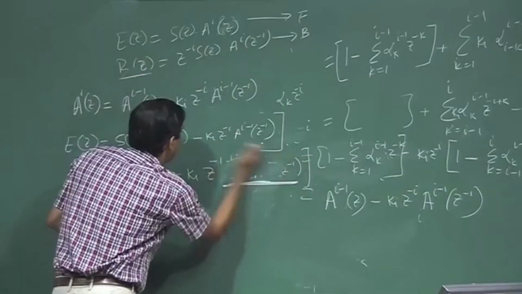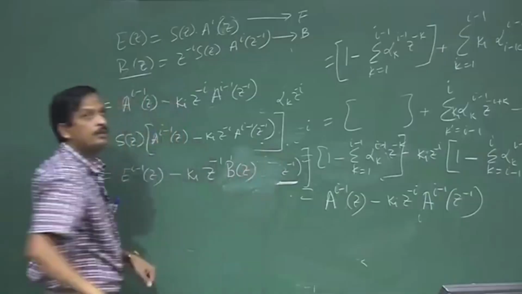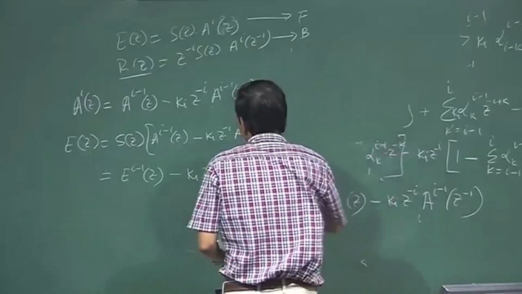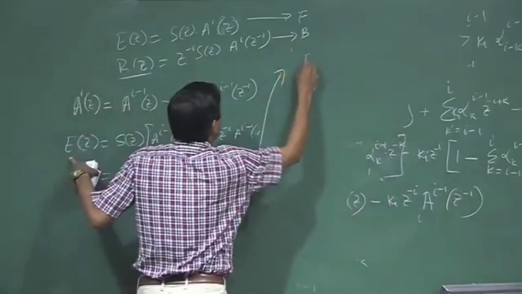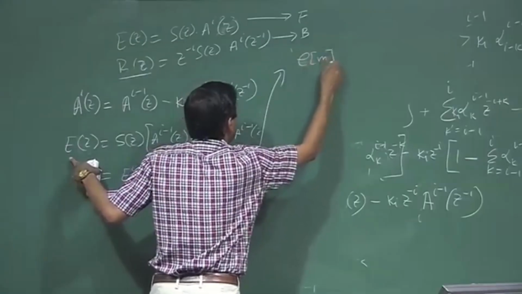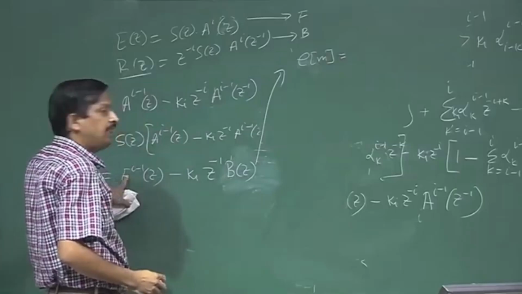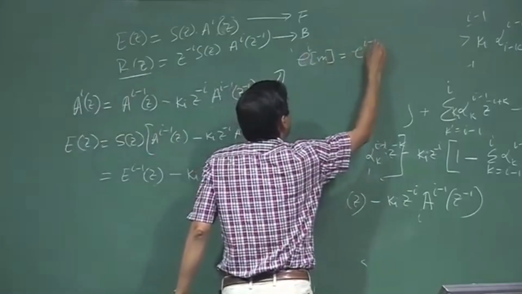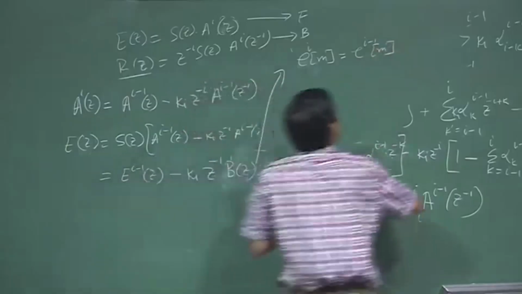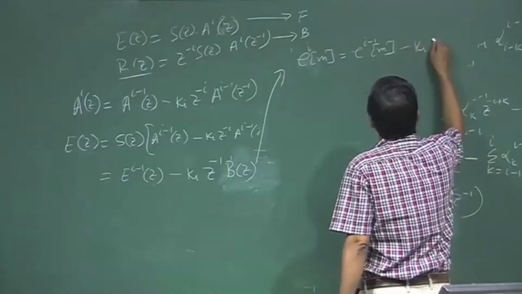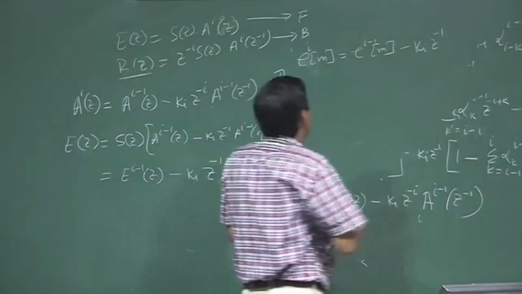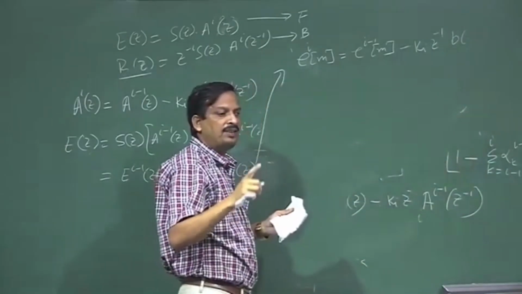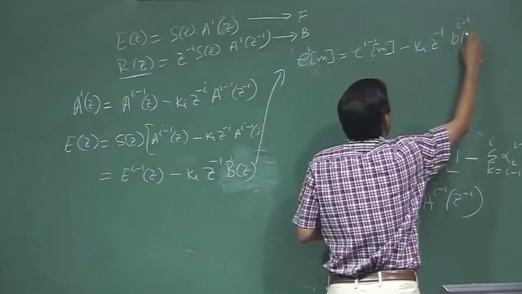So I can say it is z to the power minus 1 times B i minus 1 of z. If I express the forward error in the time domain, I can say e i of m is equal to e i minus 1 of m, the forward prediction error, minus k i into z to the power minus 1 times B i minus 1, so it is b i minus 1 of m.